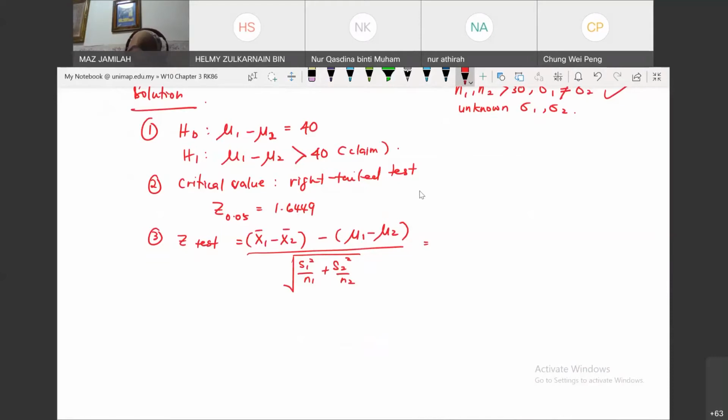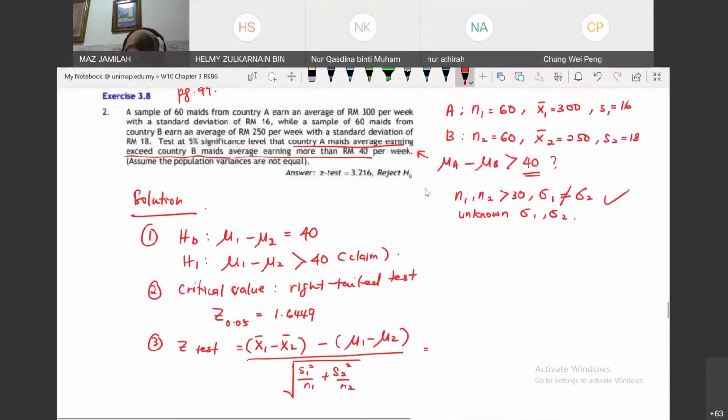So this one would be 300 minus 250 minus 40, divided by square root of 16 squared over 60 plus 18 squared over 60.